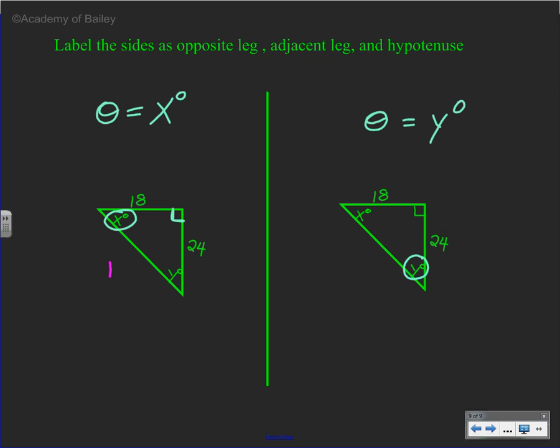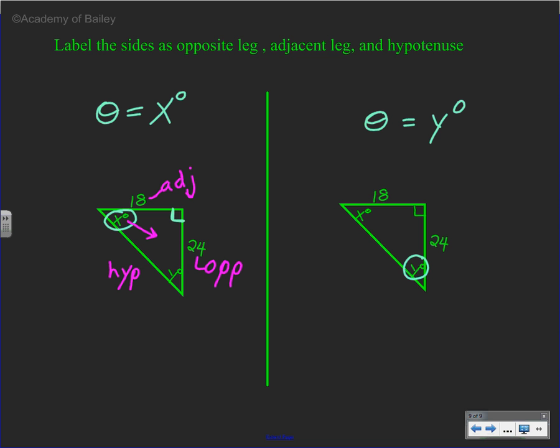The hypotenuse is always across from the right angle. So there's the hypotenuse. Now, since x is theta, the side across from theta will be the opposite side. So 24 is opposite, and 18 is right next to the angle, so it is adjacent.